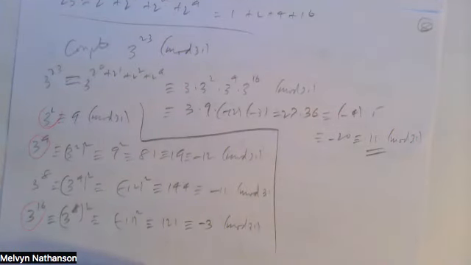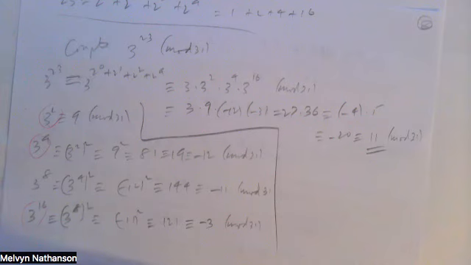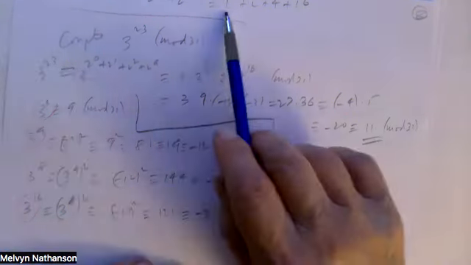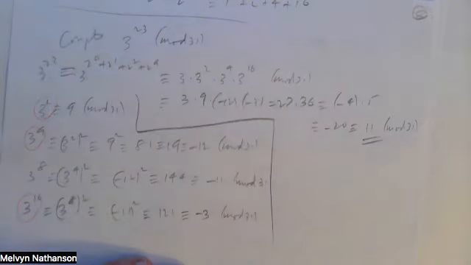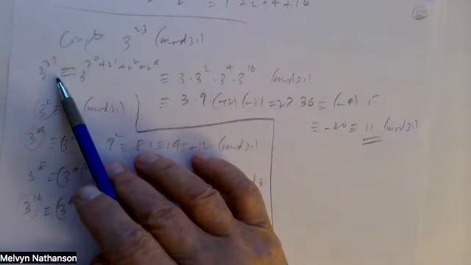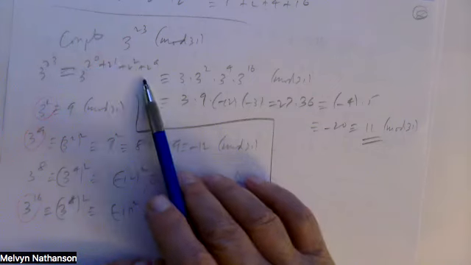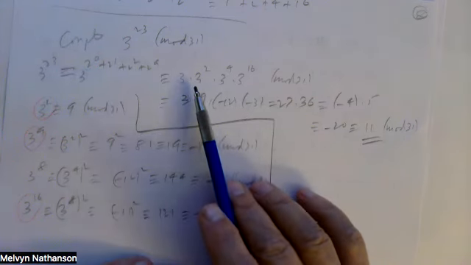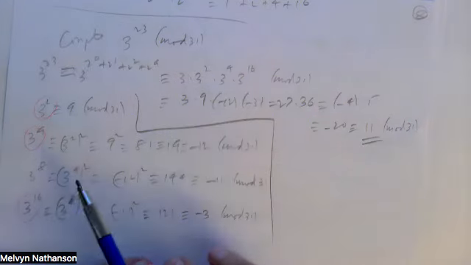So let's just double check again. This is written bigger, so it must be clear. 23 is 1 plus 2 plus 4 plus 16, or 2 to the 0, 2, 2 squared, 2 to the fourth. So 3 to the 23rd is 3 to the sum of powers of 2. 3 squared, 3 to the fourth, 3 to the 16th.